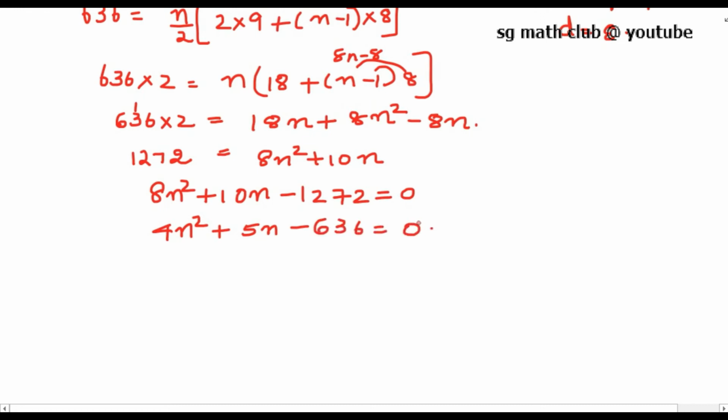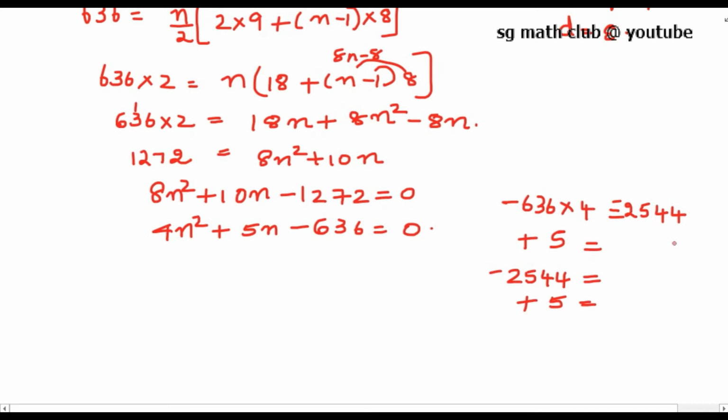So by splitting the middle term, I can write this 5n. You should find two numbers such that product should be minus 636 into 4, that is 2544, and sum should be plus 5.